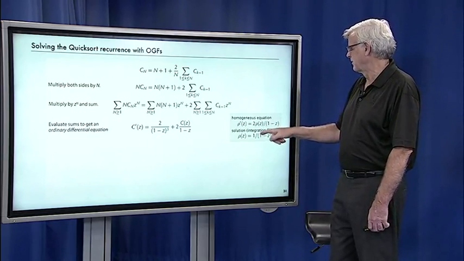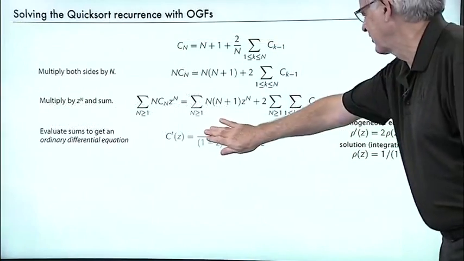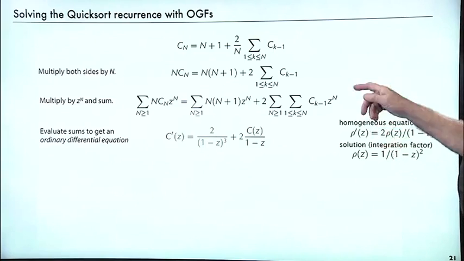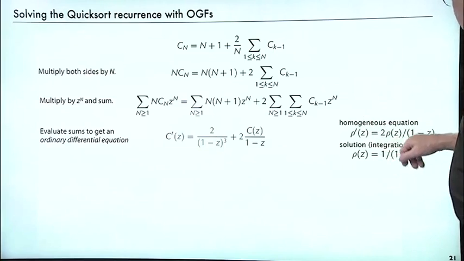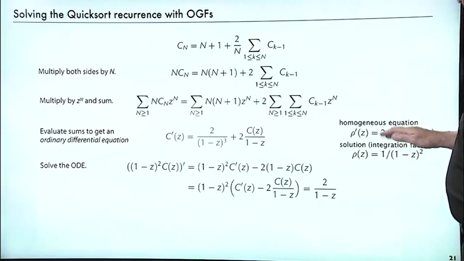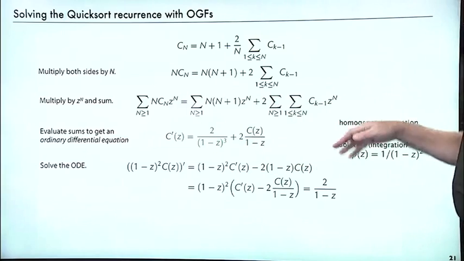In that case, the solution is 1 over 1 minus z squared. So if we didn't have this constant term, the solution would be 1 over 1 minus z squared. You differentiate that, it's the same thing as if you multiply by 1 over 1 minus z and multiply by 2. And then what you do is multiply by that, or divide by that factor, which winds up multiplying.